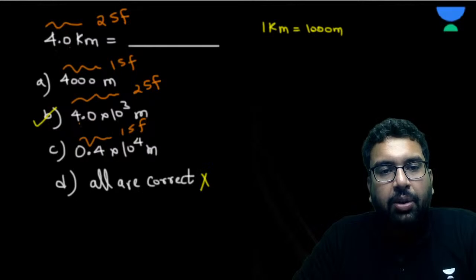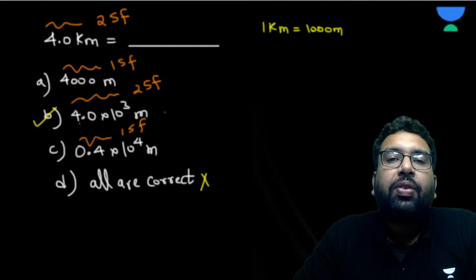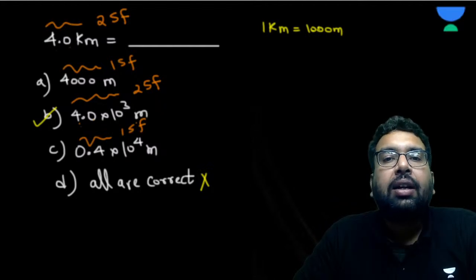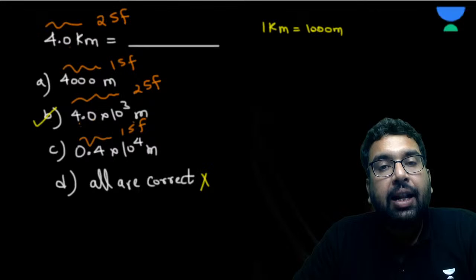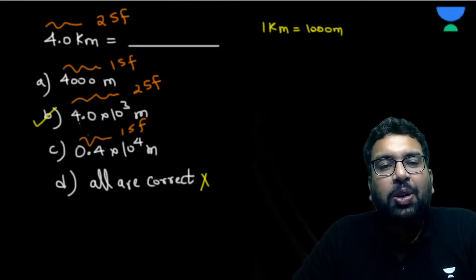So the answer to this question is the B option. Significant figures help you in the conversion of units and in the analysis of errors, and it is a very very important topic.